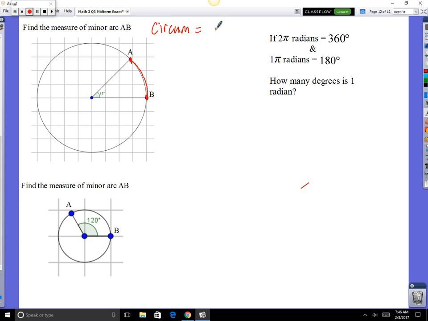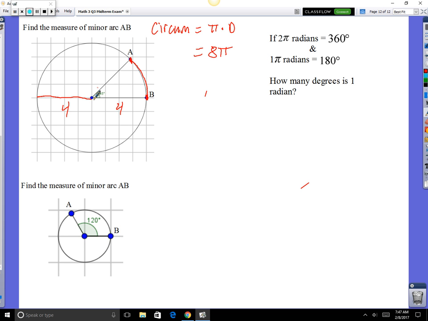So the circumference equals pi times diameter, and this is a radius, and this is 4. So the diameter is how tall the circle is. So this circumference is 8 pi. So all the way around that circle is 8 pi.